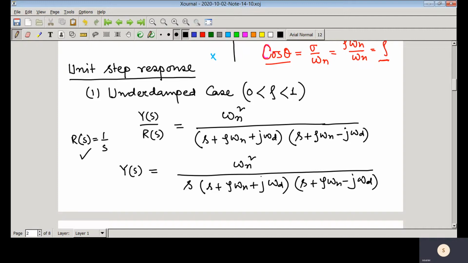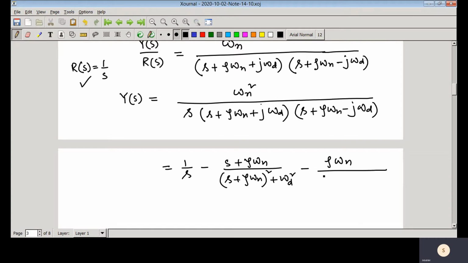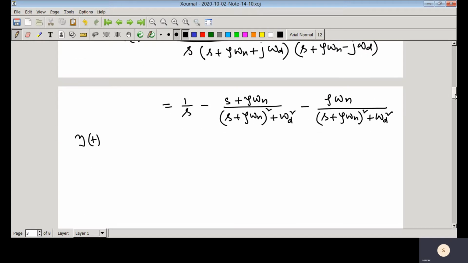Now if you take the inverse Laplace transform, first we need to factorize it. We have already derived this: s plus zeta omega n by (s plus zeta omega n) square plus omega d square, and zeta omega n by (s plus zeta omega n) square plus omega d square. Now taking the inverse Laplace transform, you will get the expression of y(t).